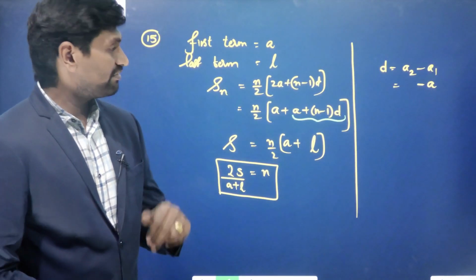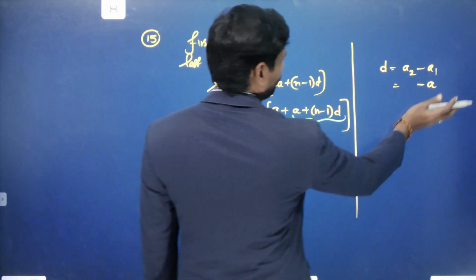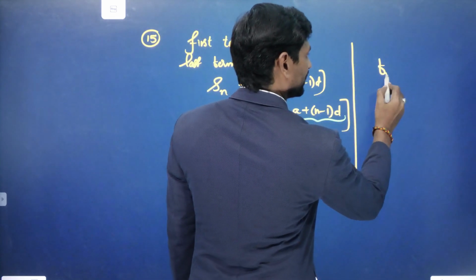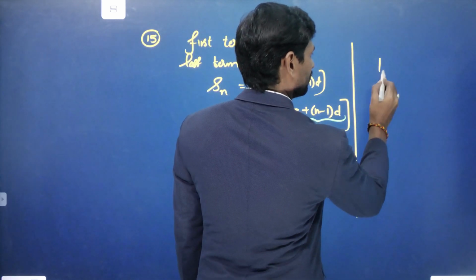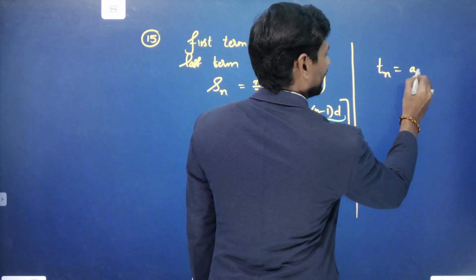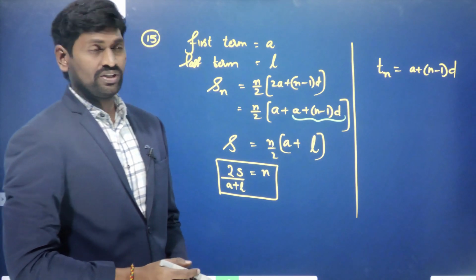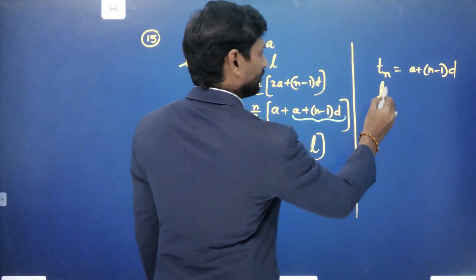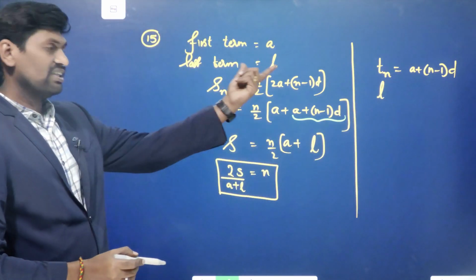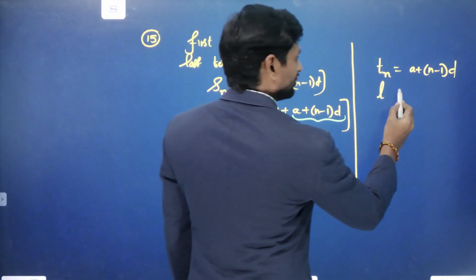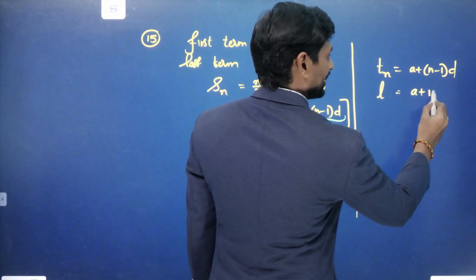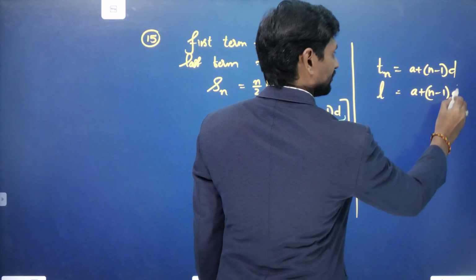Not there. But we can use the last term Tn formula. What is the last term formula? Tn is equal to a plus n minus 1 into d. Am I right? So in the place of Tn I can write l, because last term is given as l. l equals a plus n minus 1 into d.